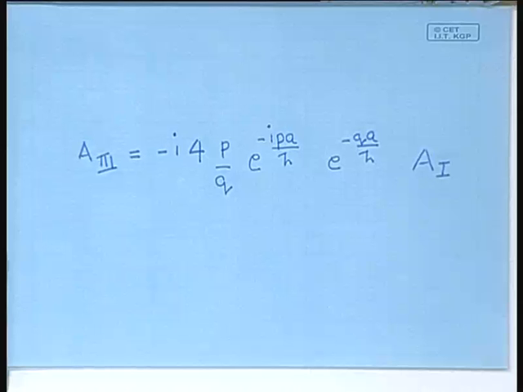So, by matching the boundary conditions across these two boundaries, we finally have a relation between A3 and A1. A1 is the amplitude of the wave corresponding to the incident particle. A3 is the amplitude of the wave corresponding to the particle which emerges on the other side of the barrier.